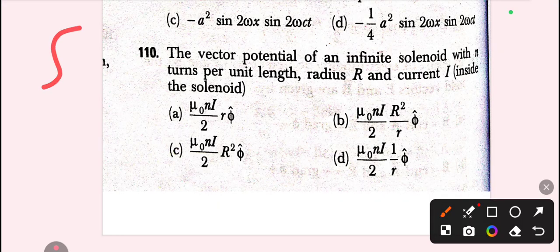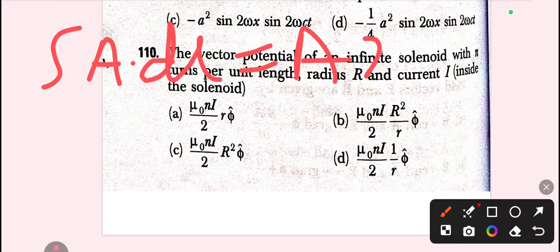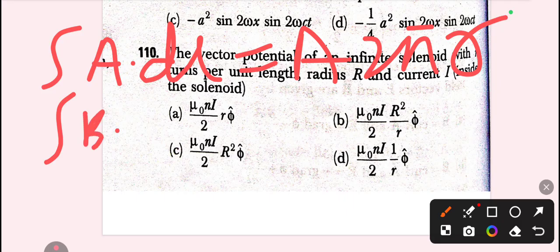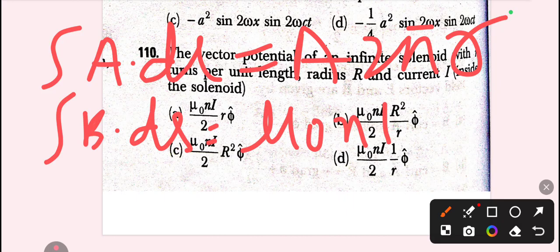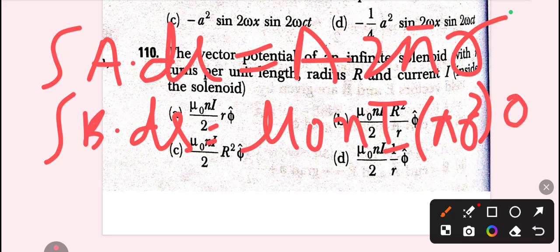We have integral A dot dl equals to A dot 2 pi r. For infinite solenoid with n turns per unit length, radius r, and current I, we have B dot ds equals to mu naught n I B dot ds. B dot ds is equals to mu naught times n I, and ds equals to pi r square and the phi unit vector.